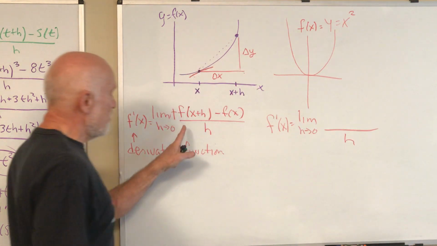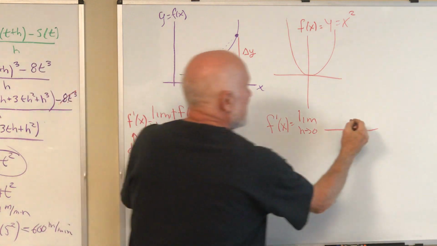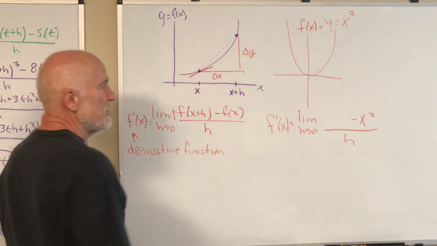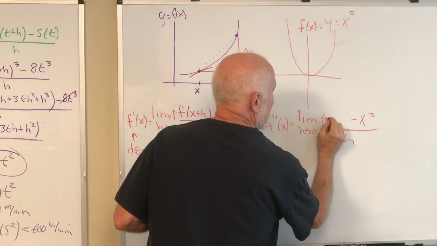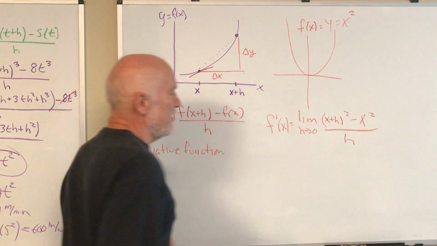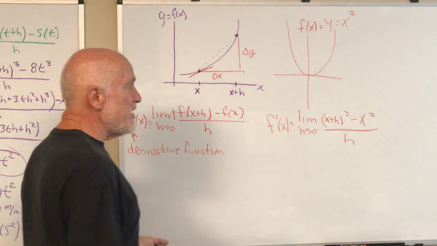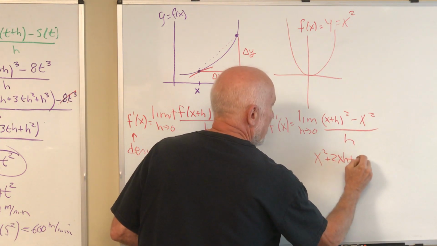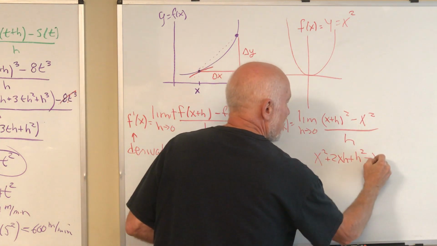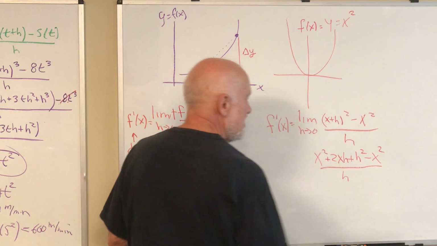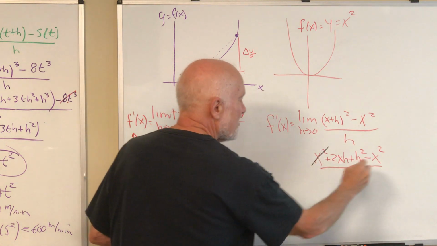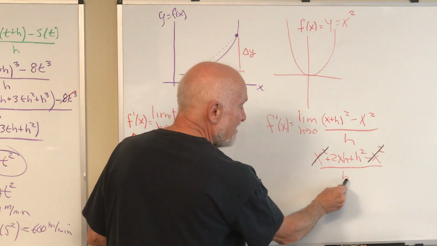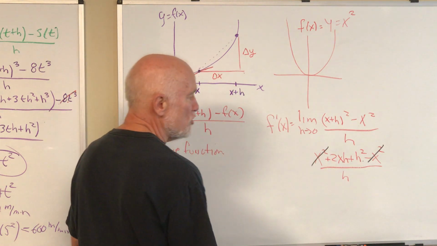So I'm just using this formula. Well, f of x is x squared, and f of x plus h would just be x plus h squared. So if I just now do the algebra, I get x squared plus 2xh plus h squared minus x squared all over h. Now the x squareds cancel out, and now I can divide this h into these two terms.